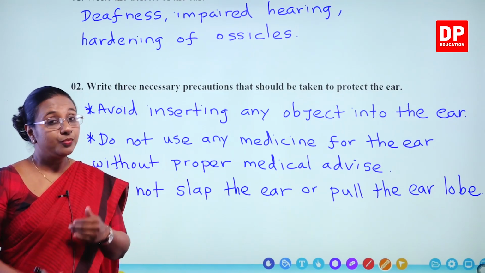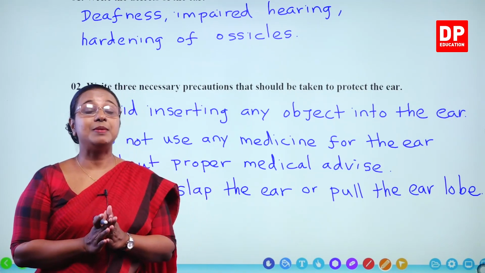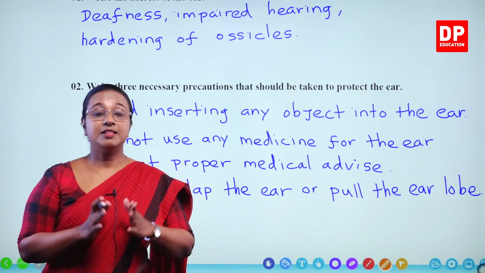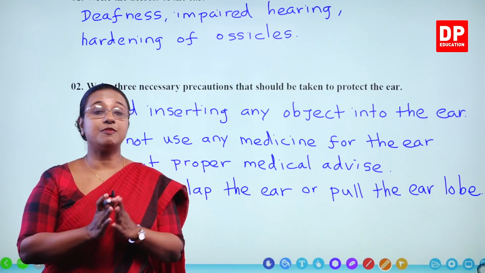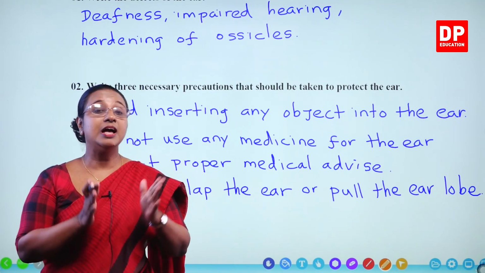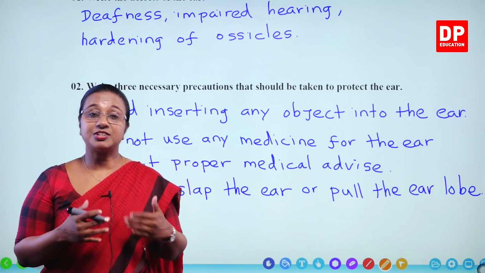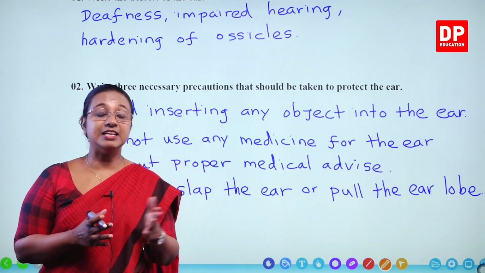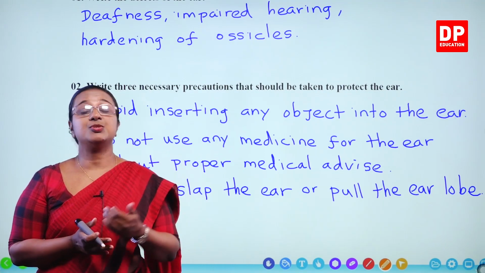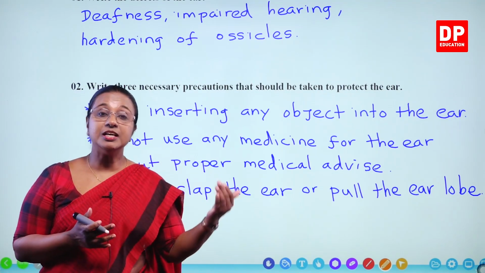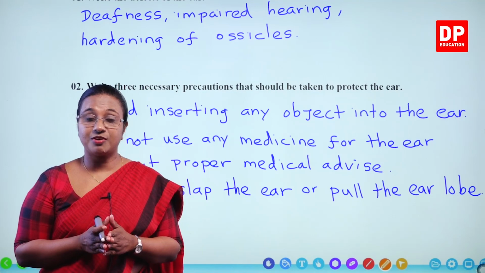So with that, students, I have completed this lesson. That is the second lesson of your grade 9 science textbook, Eye and Ear. So under that, we discussed the structure and the functions of the eye and the defects related to the eye, as well as the structure and function of the ear and the defects of the ear.